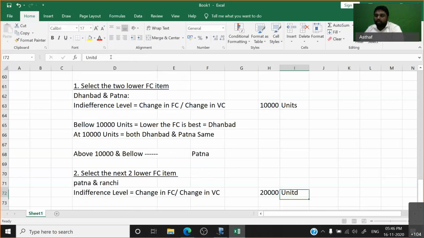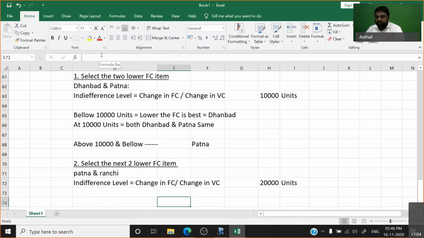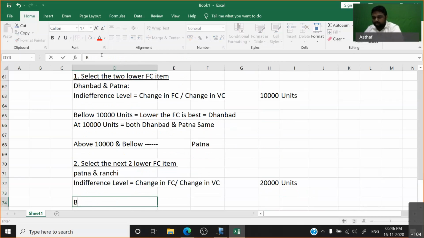So we know below the level, below 20,000. See, look here, we go 10,000. Below 10,000, the lower fixed cost is best. So below 20,000 units.